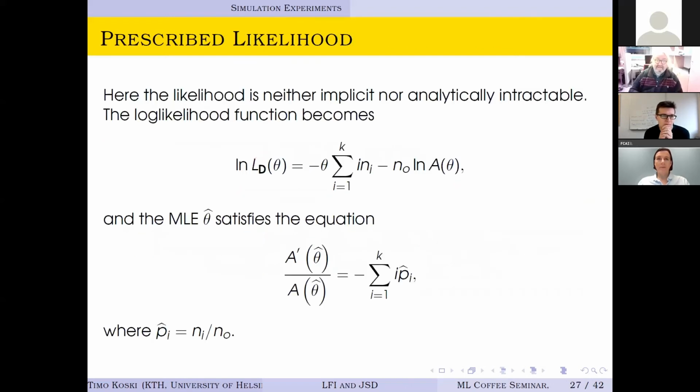So this likelihood is neither implicit nor analytically intractable. The likelihood function can be written down explicitly, and if you differentiate the log likelihood function with respect to theta and put the derivative equal to 0, then you see that the maximum likelihood estimate satisfies this equation, which is rather well known in the theory of exponential families.